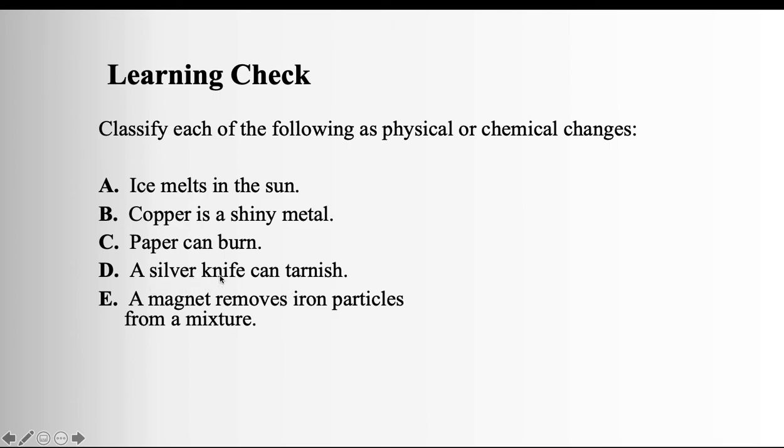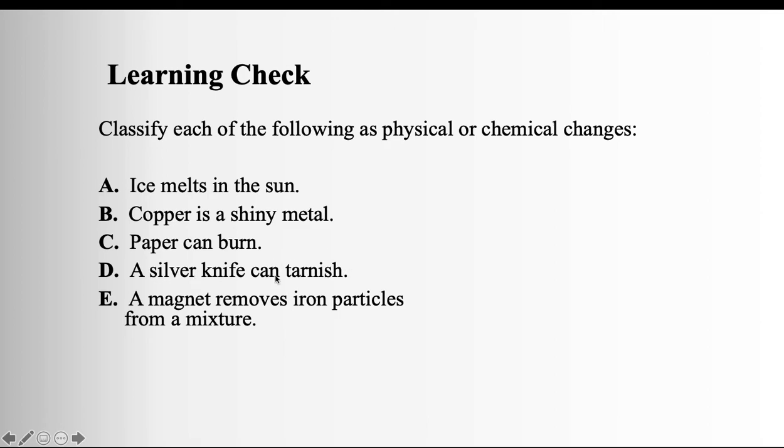Well, what happens is, with all metals, if they're exposed to air, they tarnish, or we call it, they react with the oxygen in the air to form an oxide, a different compound. Therefore, it undergoes a chemical change.